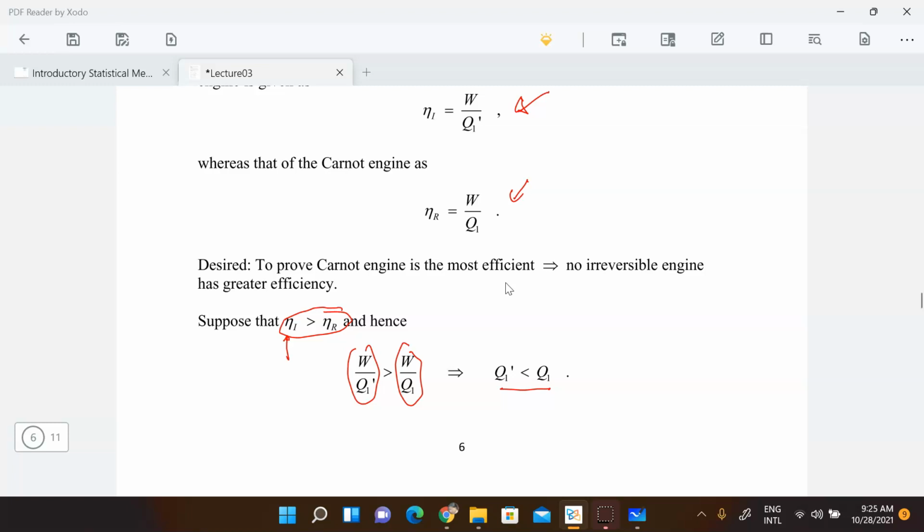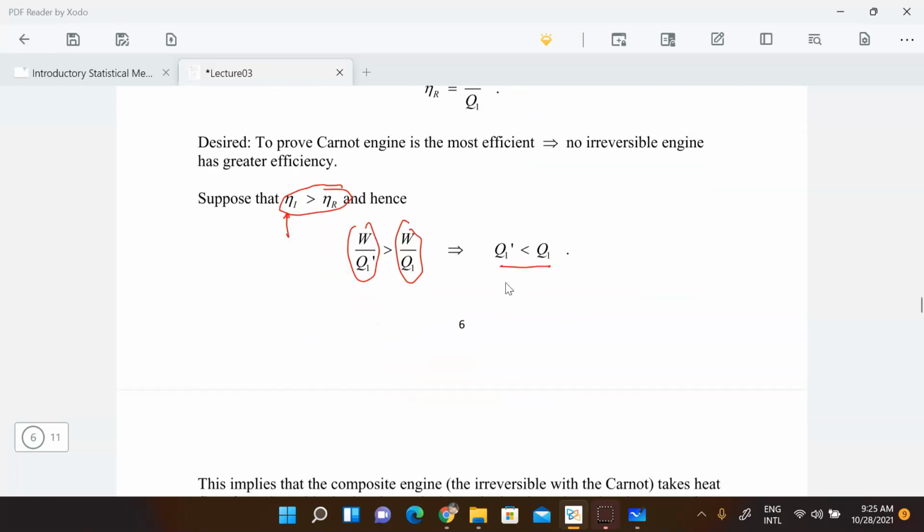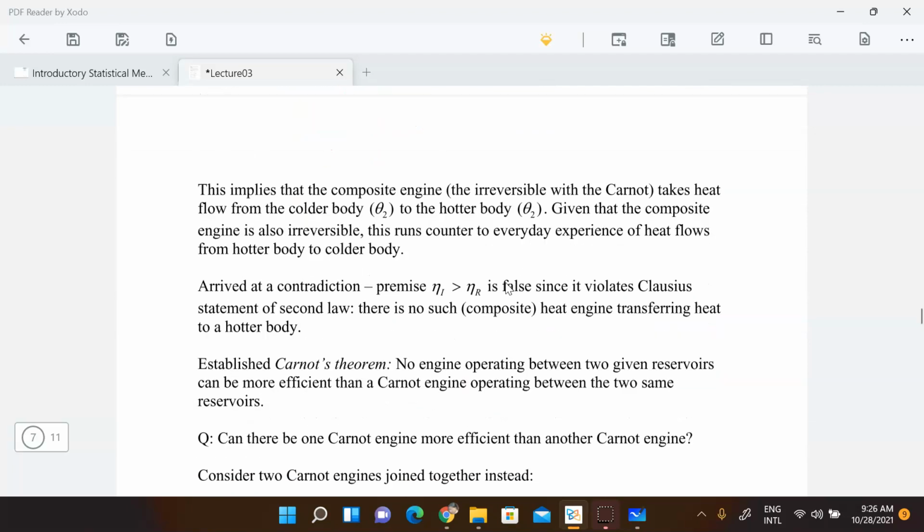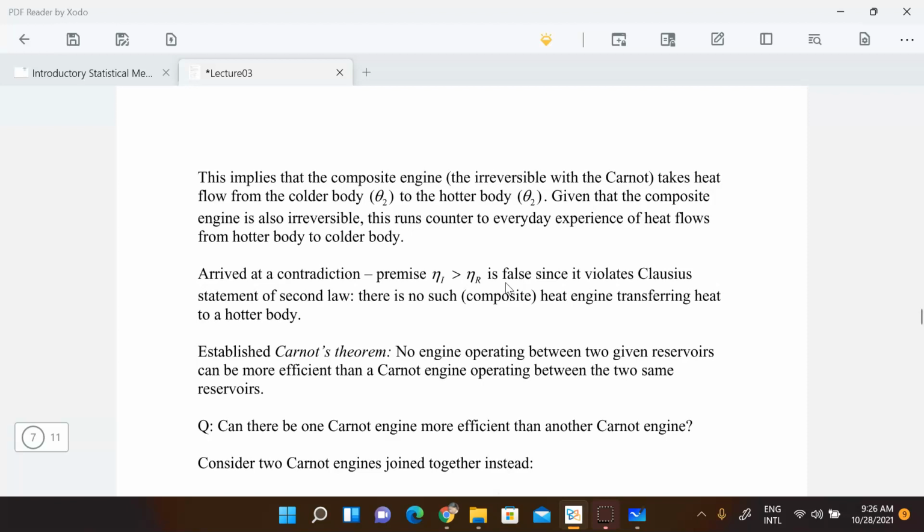So the effect is taking heat from a colder body to a hotter body with no work being done from the outside, and that violates the Clausius statement of the second law. So you arrive at a contradiction.